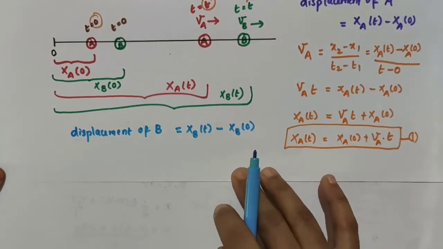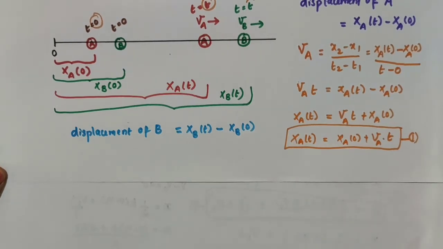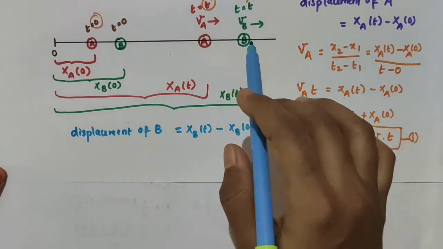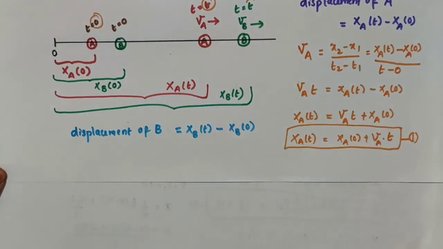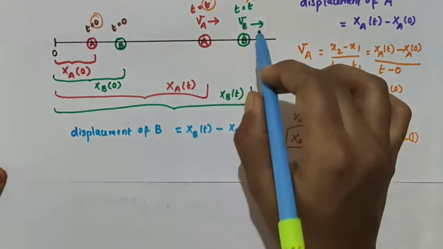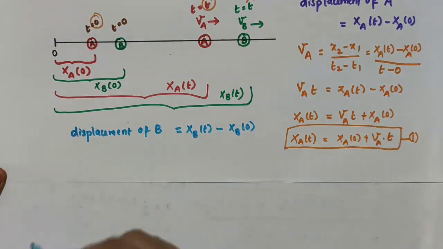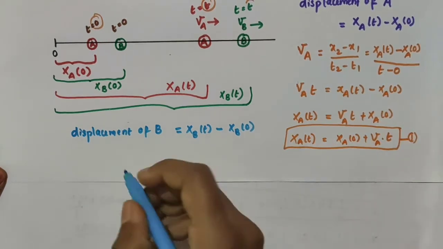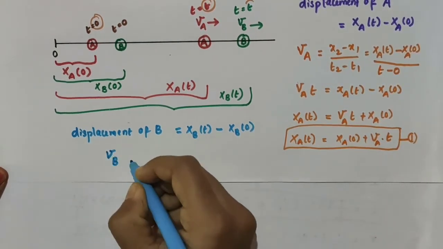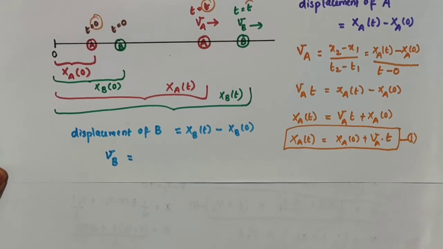Now what about the average velocity? We already said that this B is moving with some average velocity VB along a straight line, say the x-axis. So let us take the average velocity of B as VB. If it is moving uniformly with the same average velocity, then the instantaneous velocity will also be the same.